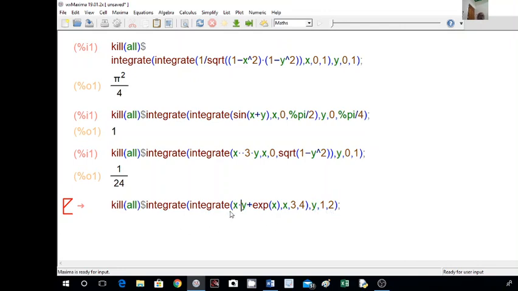This is the command to get the double integration. Here execute this program, shift enter.